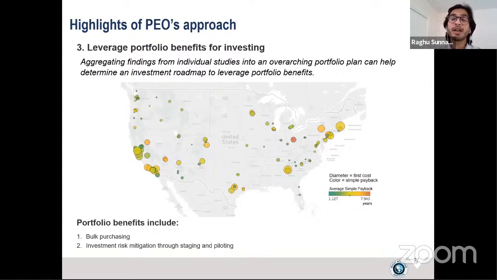There's this huge advantage at a portfolio level that owners are able to leverage. So in this particular case, there were different stores spread across the country, but aggregating the findings into an overarching portfolio helped identify a very specific prioritization order in which the owner could make investments.